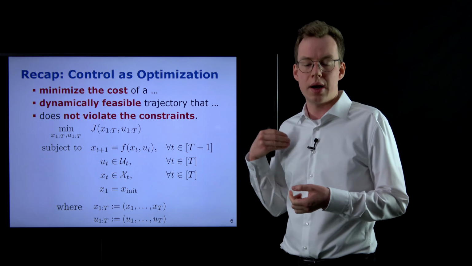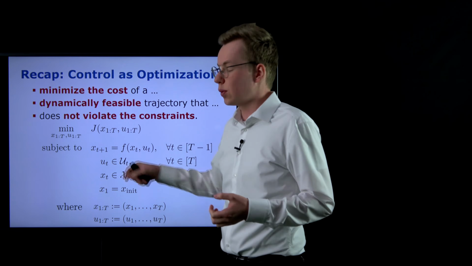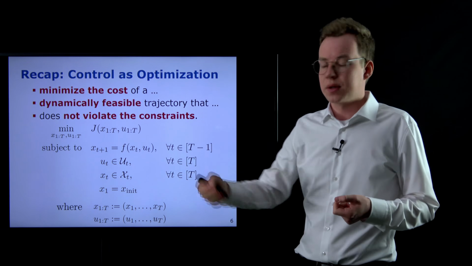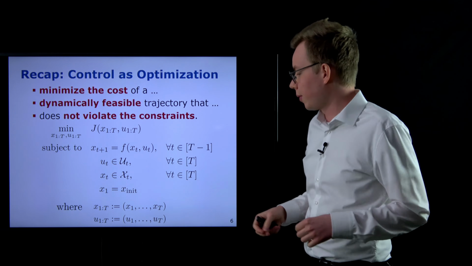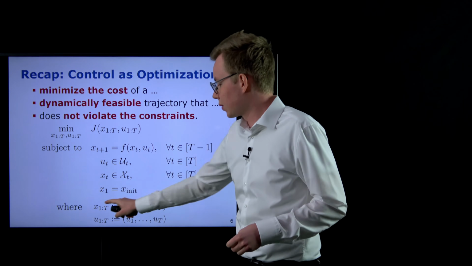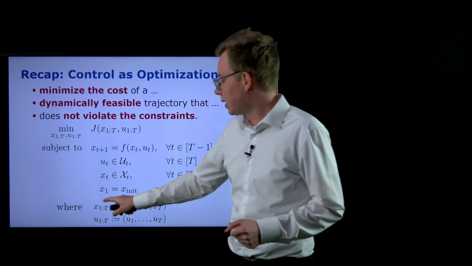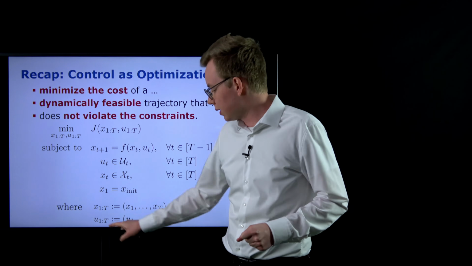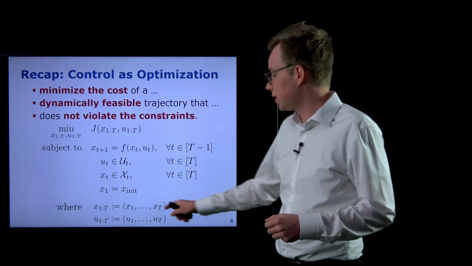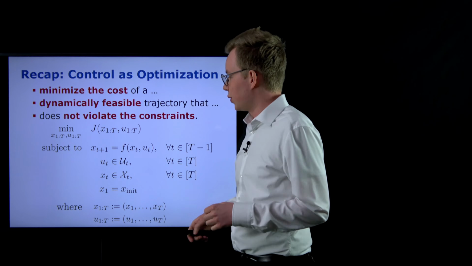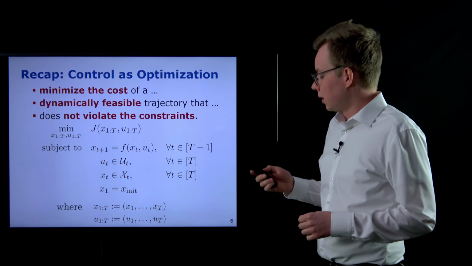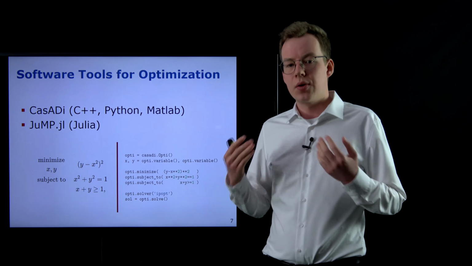So we know where we are now, and the objective is telling us what we want to do, so make progress along the track. And we have to make sure that all our states start from our current position. As a quick reminder on notation, we use X1 to capital T and U1 to capital T to denote the tuple of all of these states and inputs.